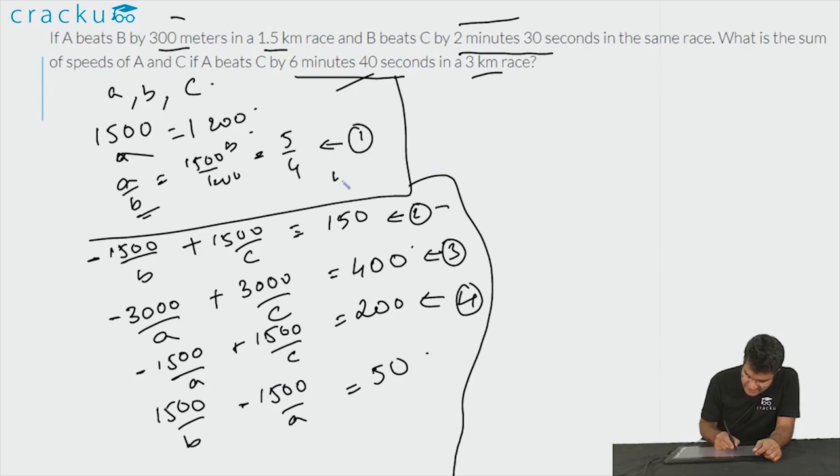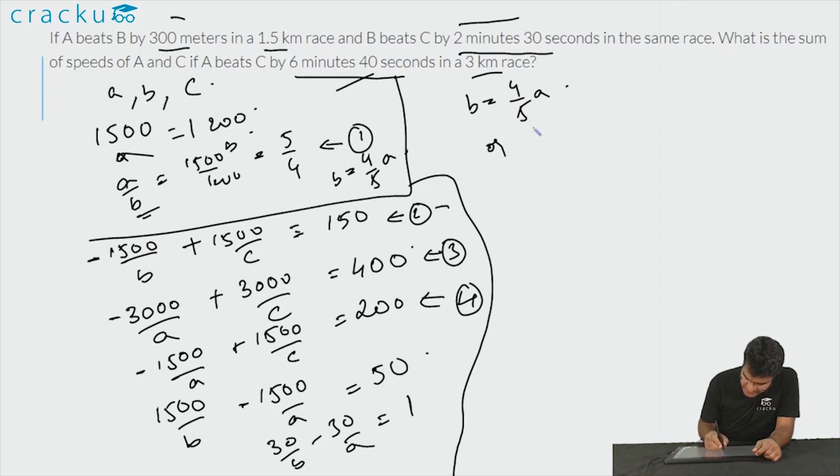We know that b is equal to 4 by 5 of a from the earlier equation. So if we divide this entire equation by 50, we get 30 by b minus 30 by a is equal to 1. We also know that b is equal to 4 by 5 of a, or 30 by b is equal to 30 into 5 by 4a.